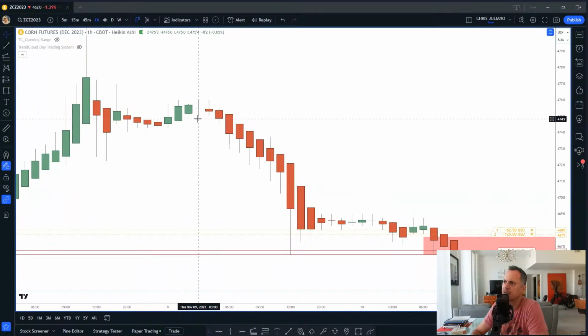This is a doji candle, right? So 2 wicks is basically neutral. Here you've got a red candle, but it has 2 wicks. Neutral, not ready to go.